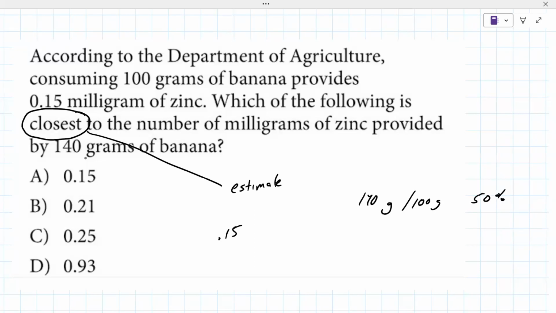And 50% of 0.15 is about 0.075, so about 22.5. Since 40 is less than 50, you would choose the smaller number as a way to do it without a calculator, which is actually the intention here when I teach this, to estimate without a calculator. But I'm okay with using one just because we're getting close to the exam.